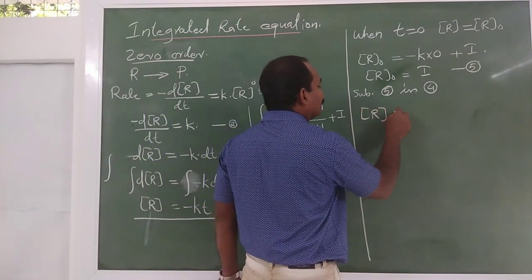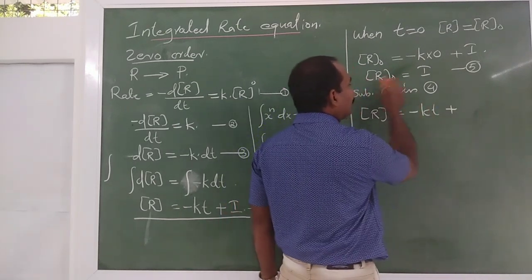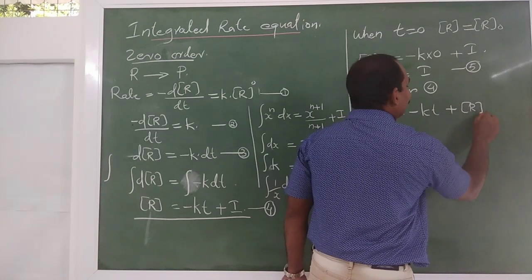Concentration of R is equal to minus k into t plus I, and I is the concentration of R0.